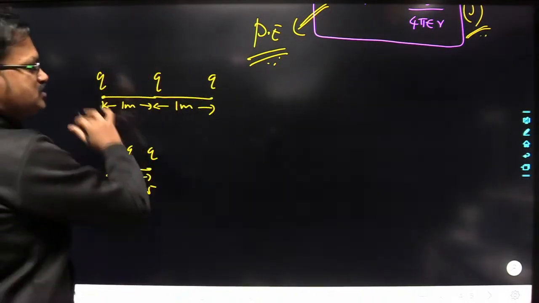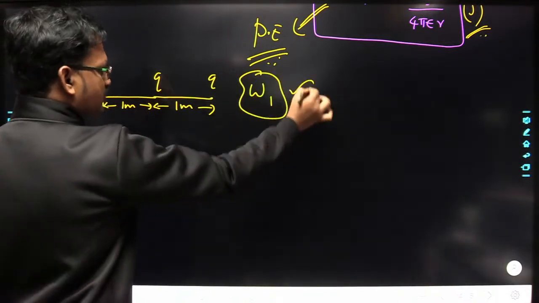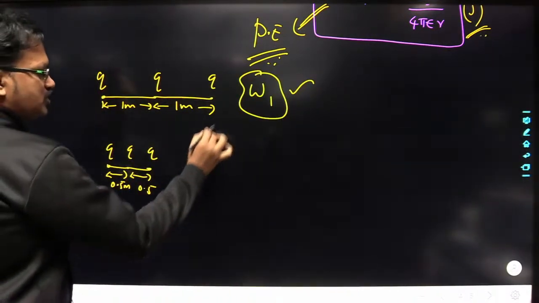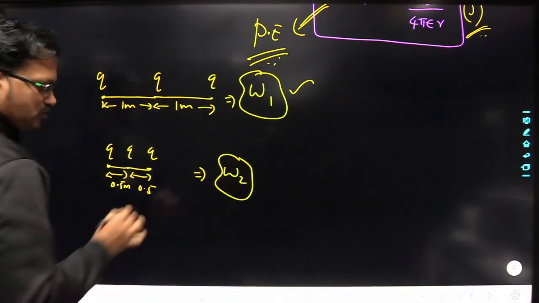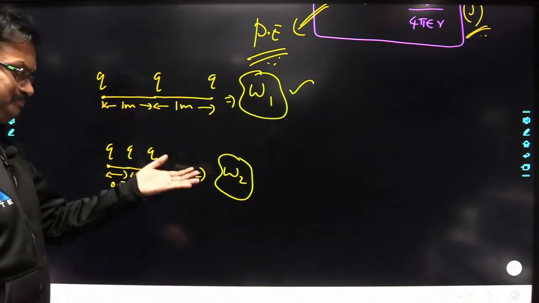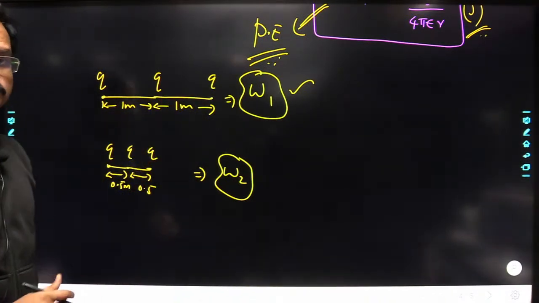Understood? So in this case, the potential energy stored in the system I am considering as W1, and in this case the potential energy stored in the system I have considered as W2. Understood? So we have determined the relation between W2 and W1.